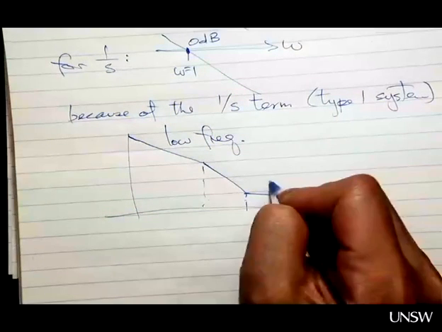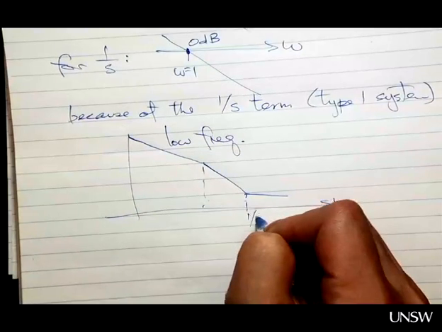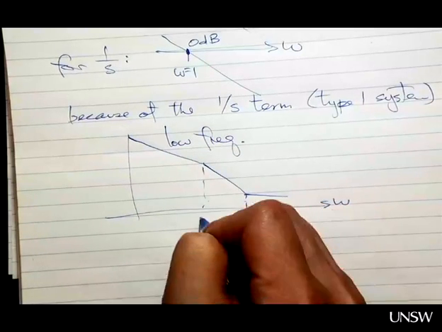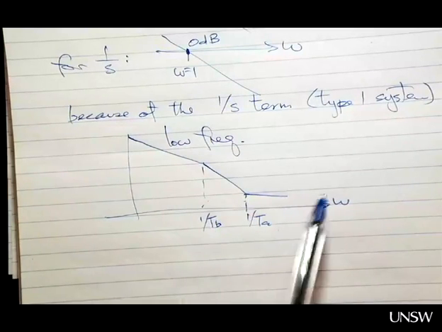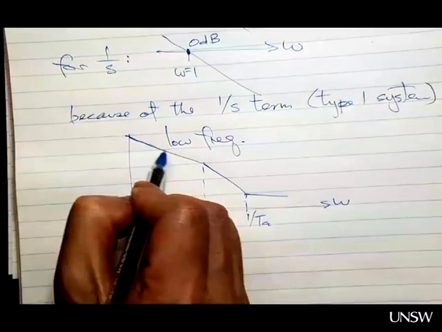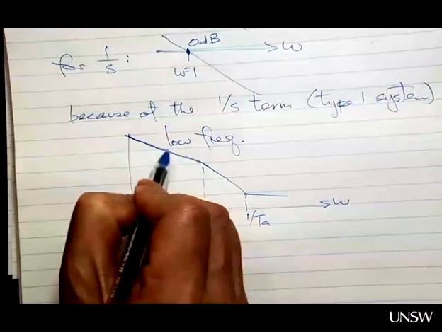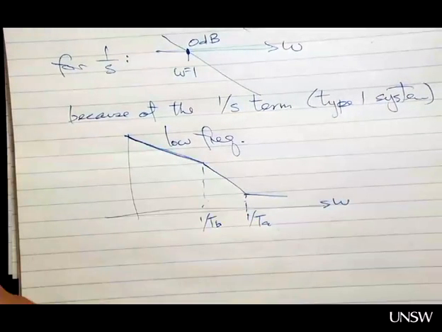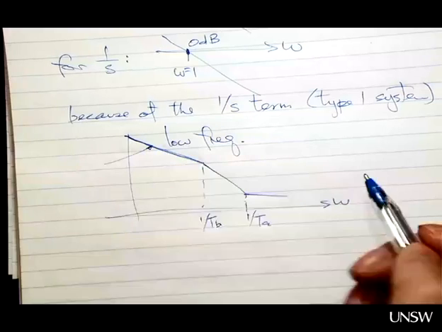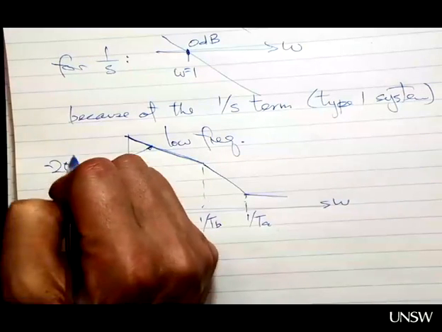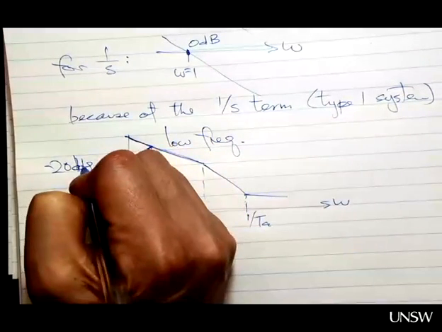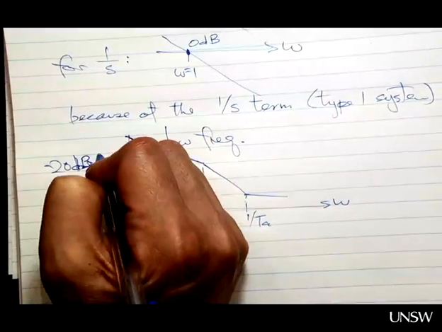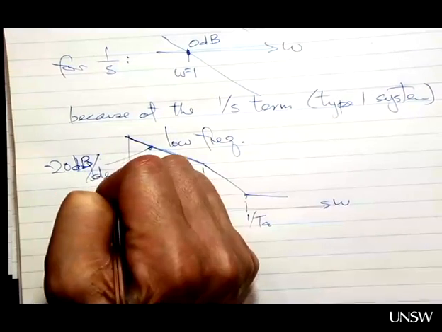This one may be 1 over T_A, and this one 1 over T_B, all depending on the numerical values. But for the lower frequency term, in particular, it is minus 20 decibel per decade.